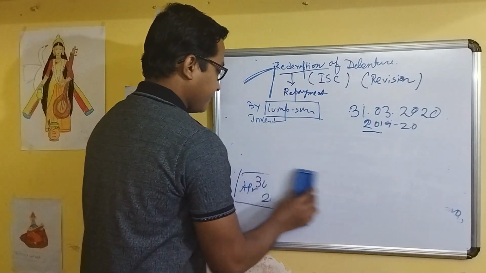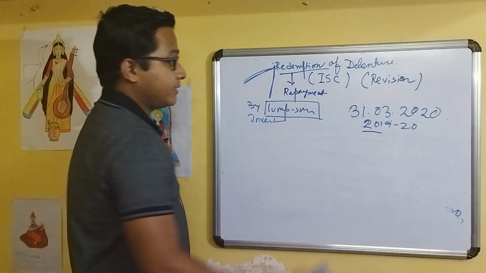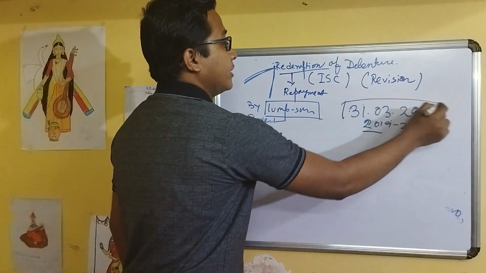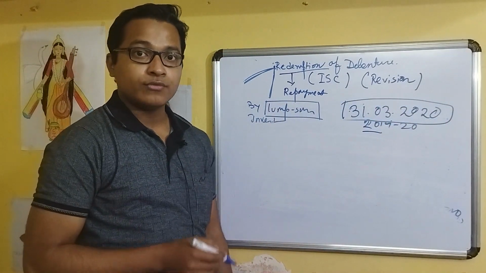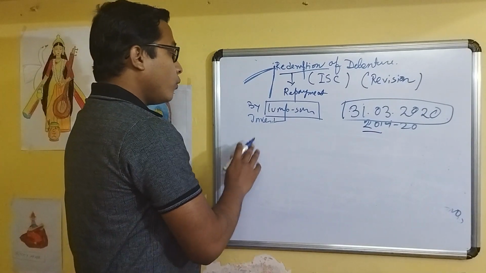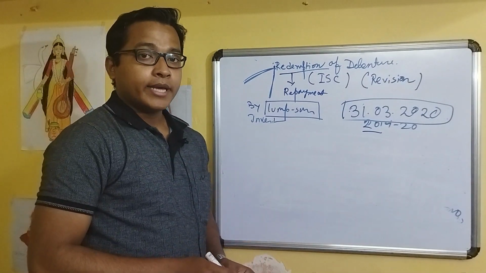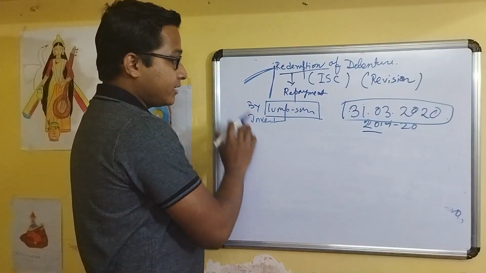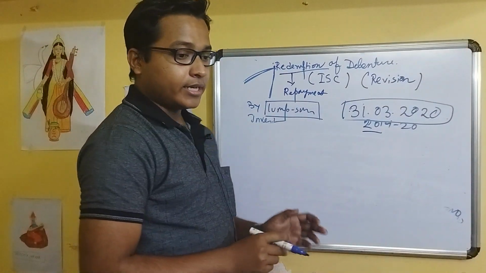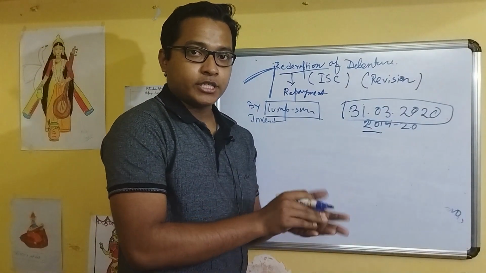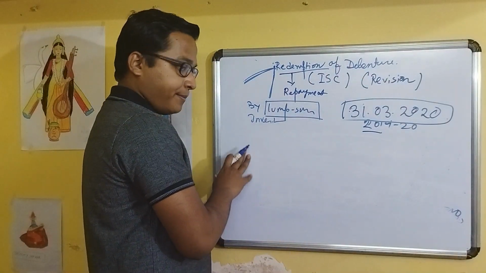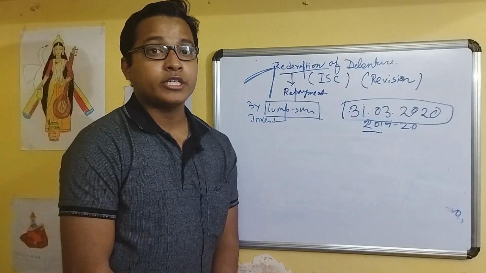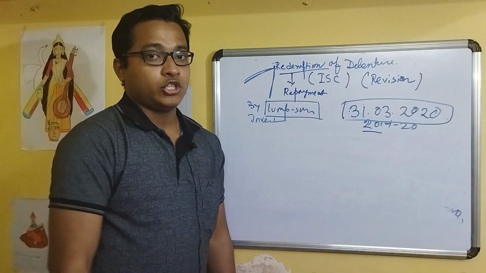Next is the date of redemption. On this date we have to make several journal entries. The first one: the debenture redemption investment made on 30th April is to be sold out or matured.